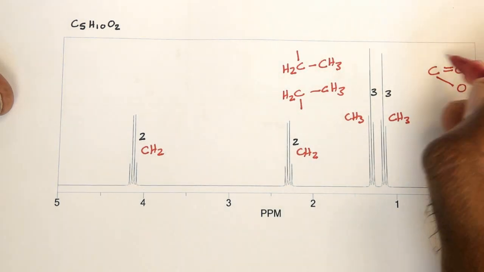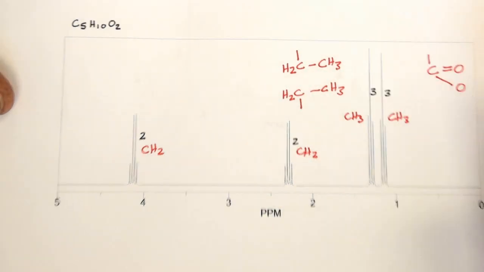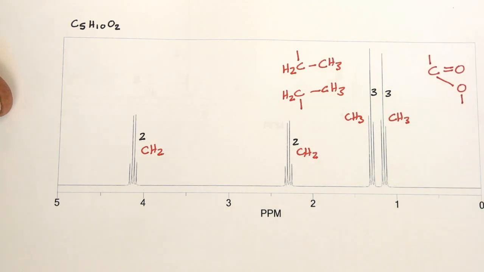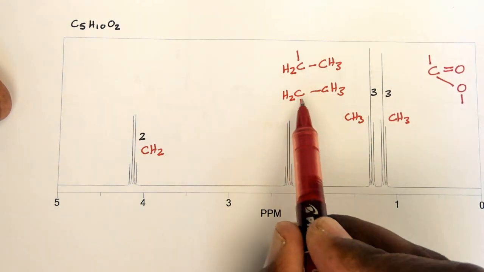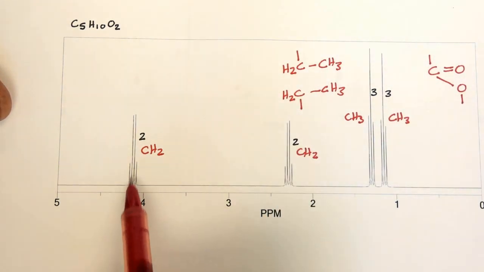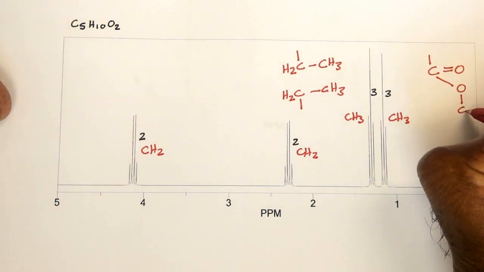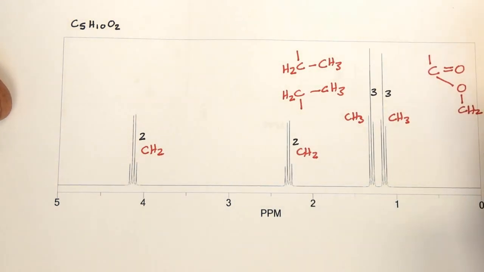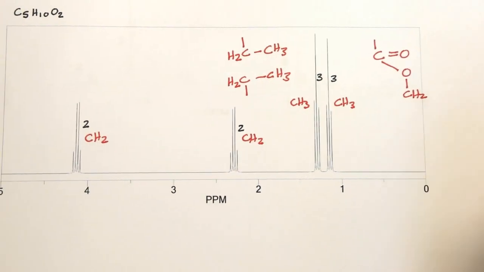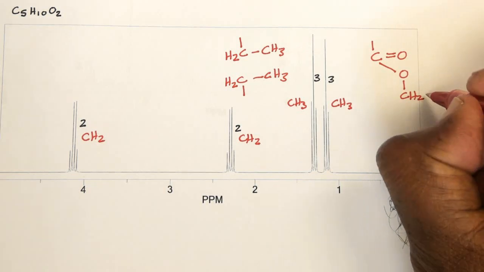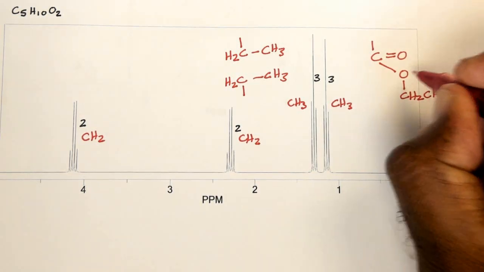So if it were an ester group like I have here, there's something else to go on there and something else to go on there, and I have 2 other groups. This makes perfect sense since one of the CH2 groups is very de-shielded, around 4. So it makes perfect sense for that CH2 group to go next to this oxygen atom here.